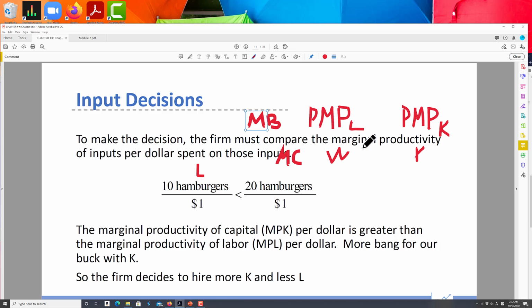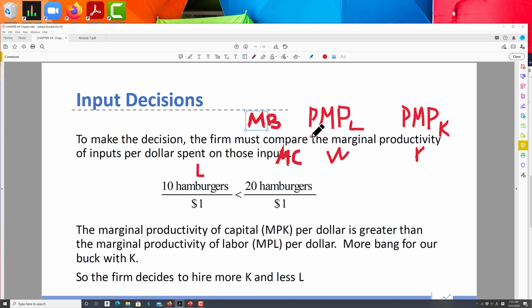Okay. Likewise, if you rent a capital equipment, the output goes up by the marginal product of capital. If you multiply by the price, it becomes the marginal benefit. Marginal cost of the capital input is R. So price is common to both terms.